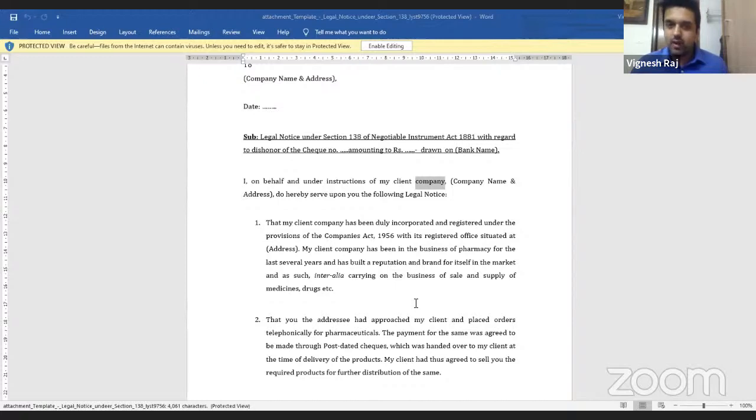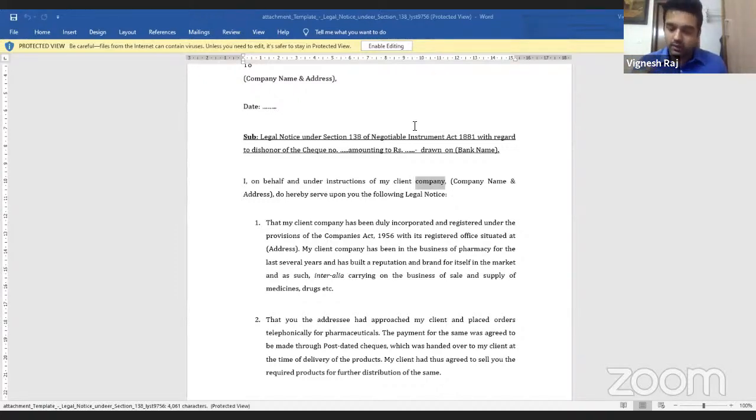I've been asked once more about throwing light on the limitation aspect of a check bounce case. So from the date of check bounce, within 30 days of such date of check bounce, you need to issue a legal notice or a demand notice as it's called. And if the accused wants to discharge the debt, he is given 15 days from the date of receipt of notice to discharge that liability.